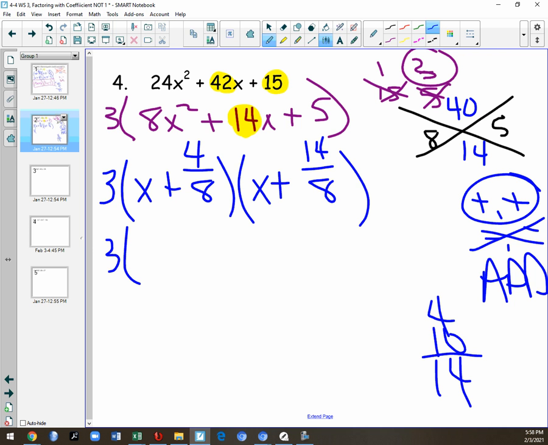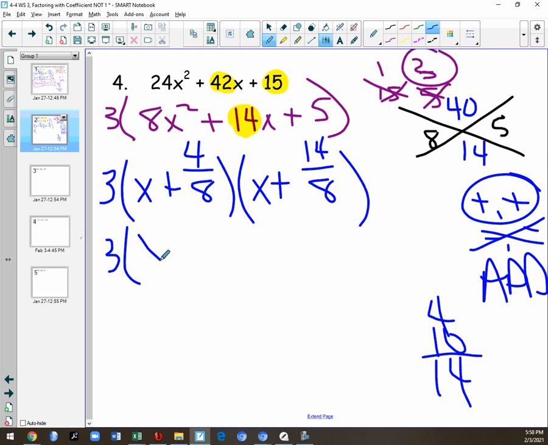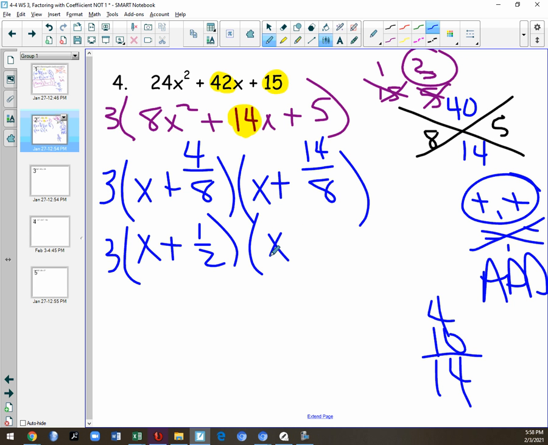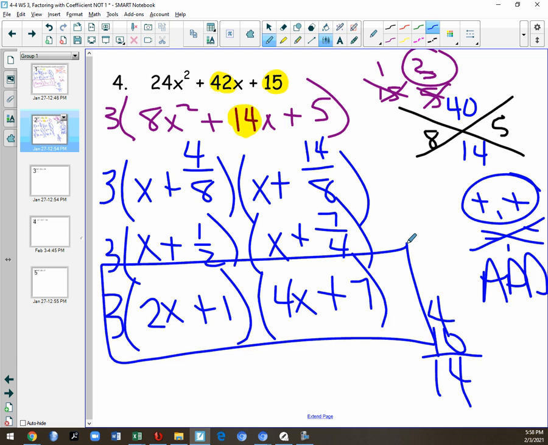So you are going to have 4 divided by 8. That gives you 1/2. And then you have 14 divided by 8, which gives you 7/4. So drop down that 3, bring the 2 in front as a coefficient, drop down the 1, bring the 4 in front of the variable as a coefficient, and drop down the 7. And this is done. Okay?